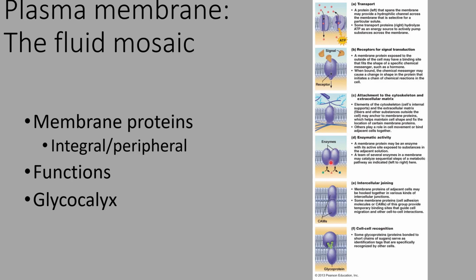Next, enzymes. Remember from chapter 2, an enzyme is a protein and a catalyst. It is a protein that causes a reaction to happen faster than it would on its own. Some of those enzymes are a part of the cell membrane.